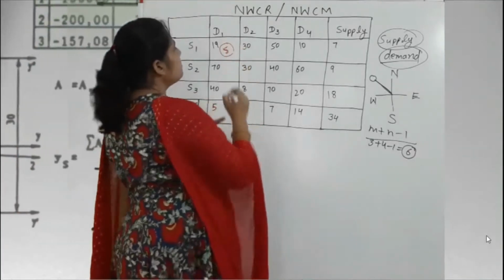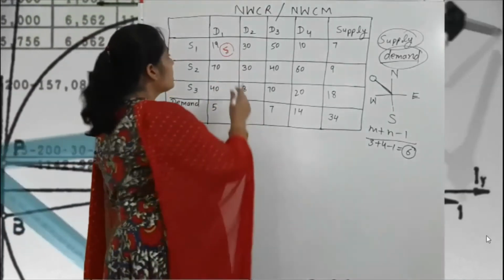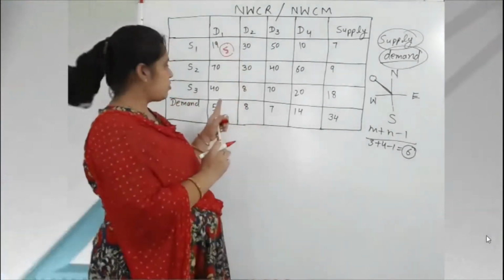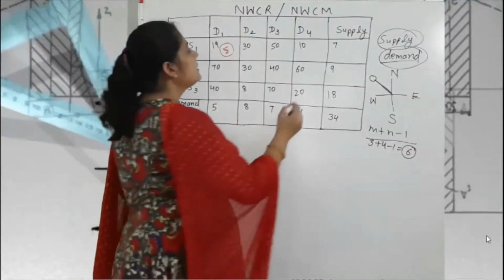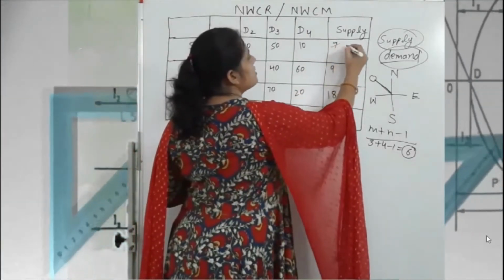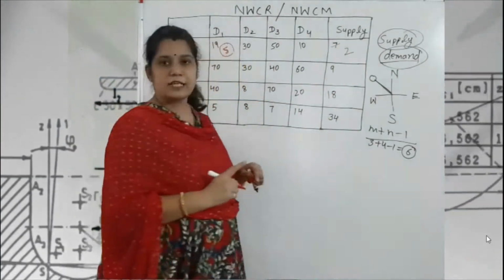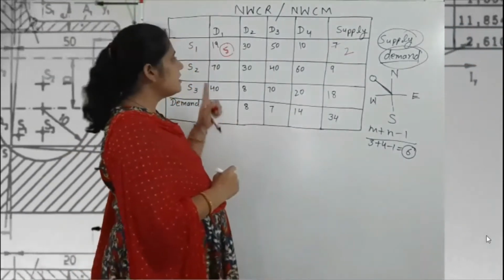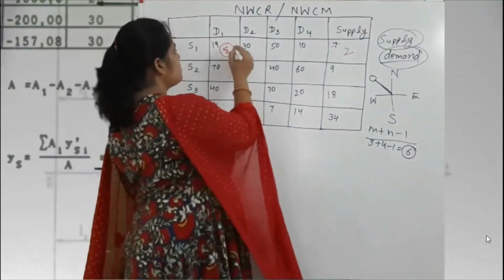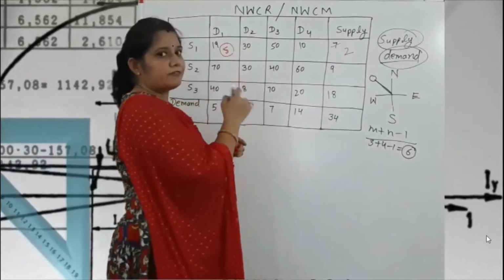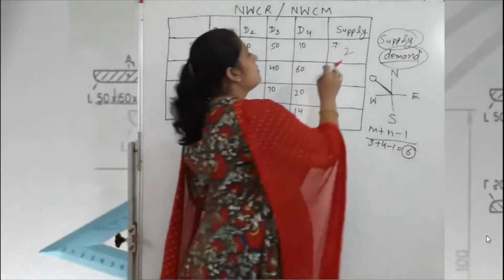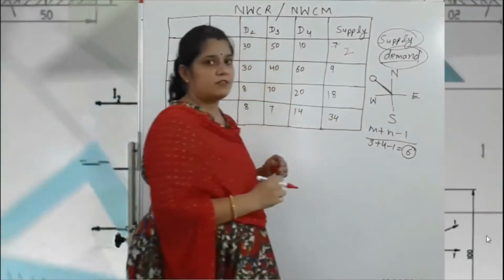Got it? If we put 5 here, this column is satisfied because the demand is 5, but the supply is 7 minus 5 equal to 2. So first we allocate the value. After that, immediately we write here 7 minus 5 is equal to 2.